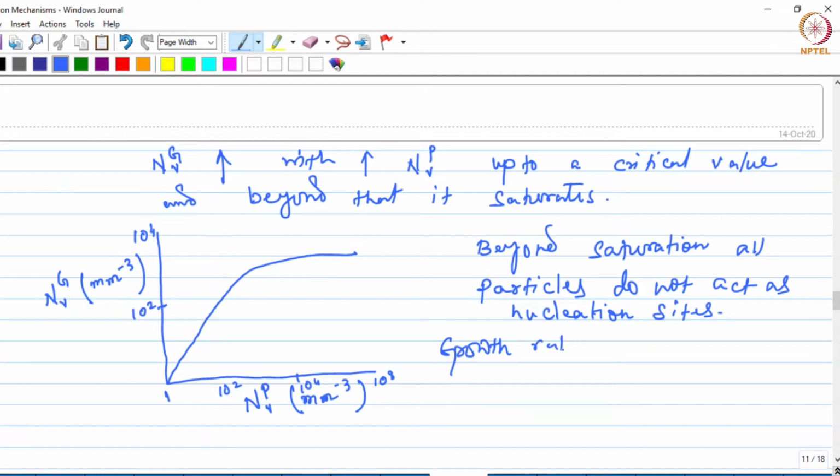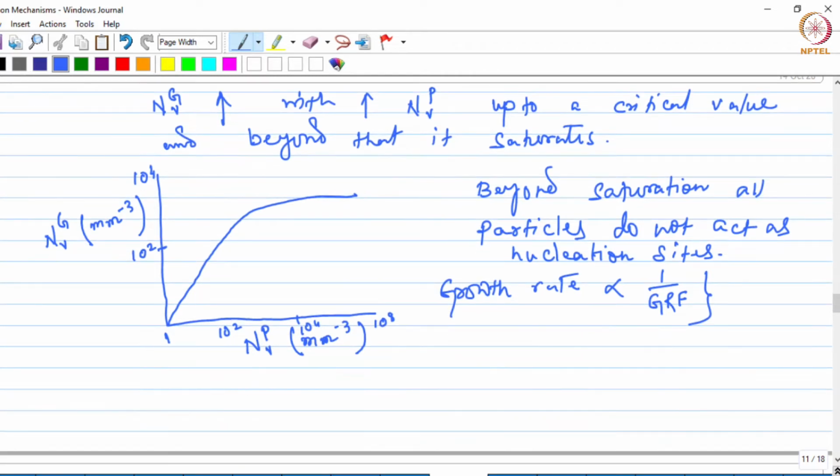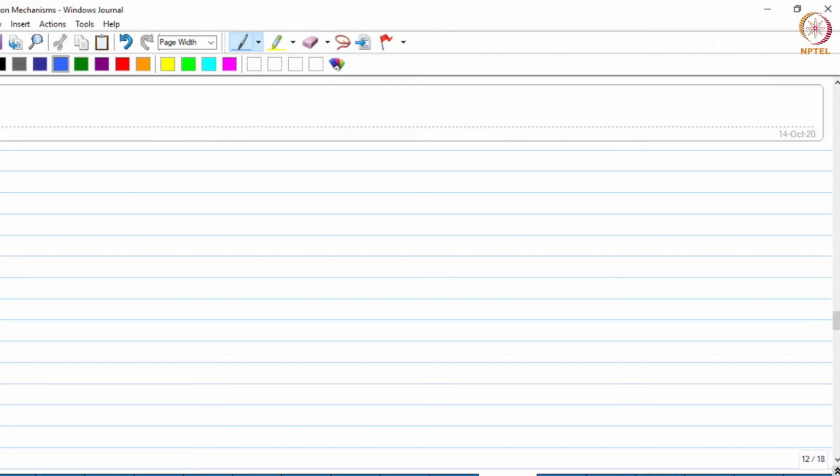And the growth rate is actually inversely proportional to that parameter called growth restricting factor, or GRF. Okay. So the higher the GRF, the lower will be the growth rate and the finer will be the grain size. And if you want to define GRF now, it is given as follows.